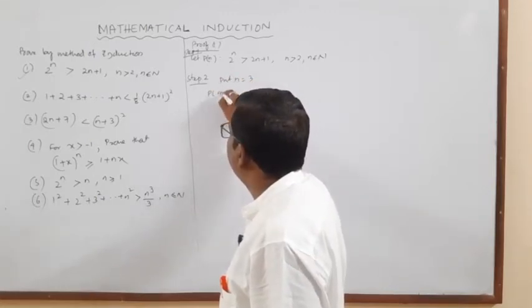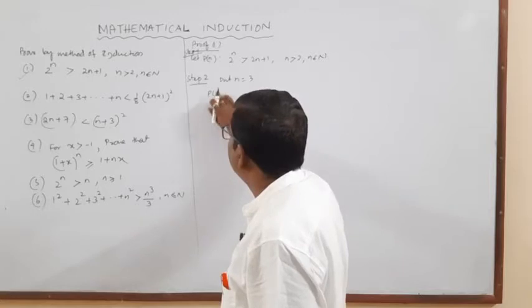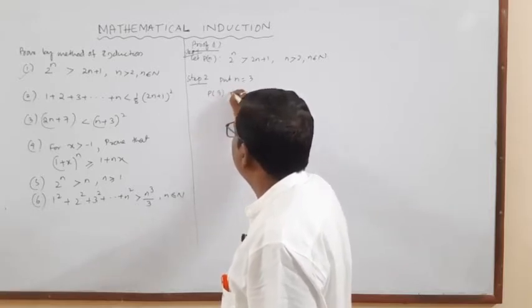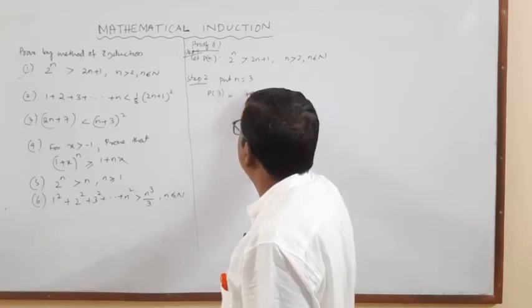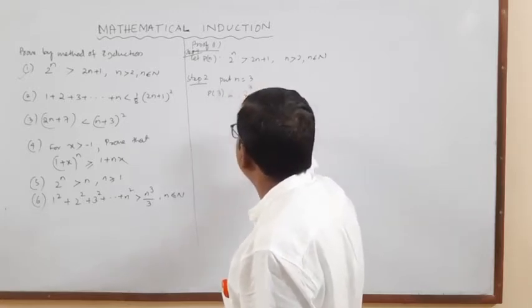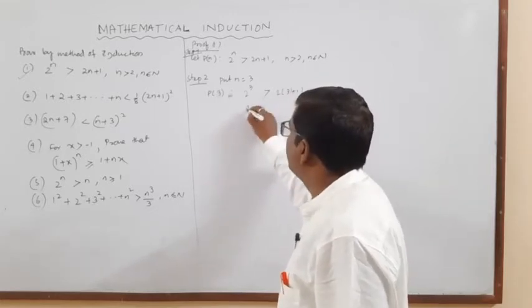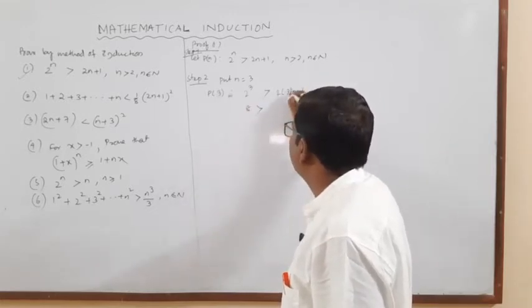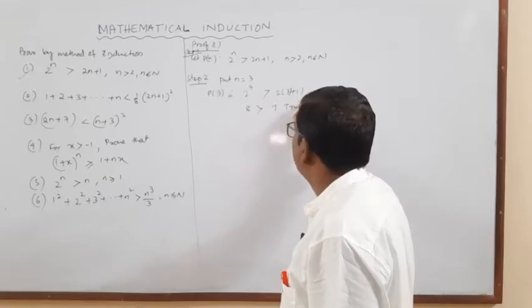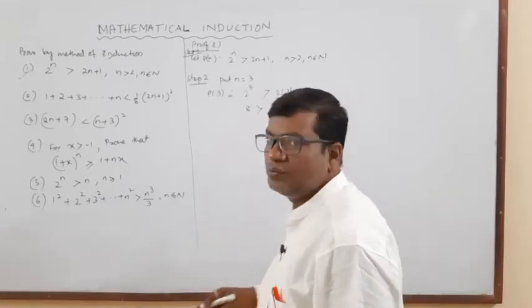P(3) is 2 cubed greater than 2 into 3 plus 1, that is 8 greater than 7. True. P(3) is true.